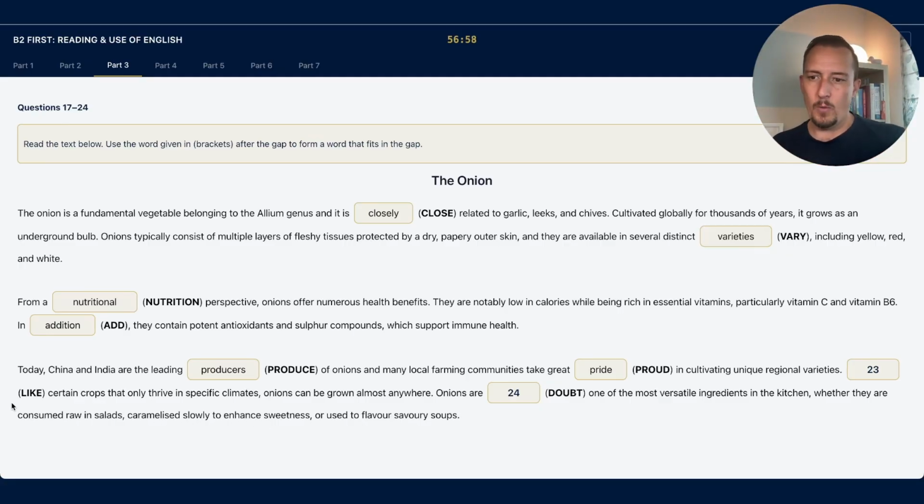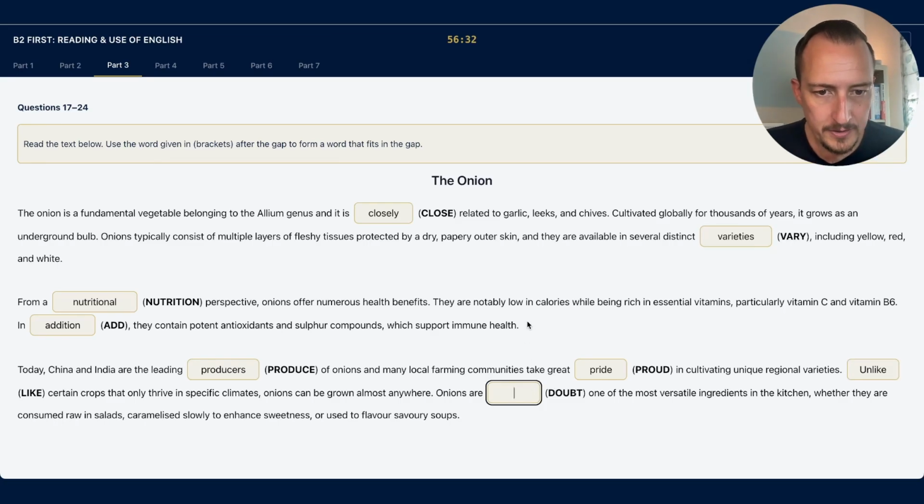We've got certain crops that only thrive in specific climates on the one hand. On the other hand, onions can be grown almost anywhere. So some crops don't grow, onions grow everywhere. So we need to introduce a contrast, and the word we need is unlike. So unlike certain crops that only thrive in specific climates, onions can be grown almost anywhere.